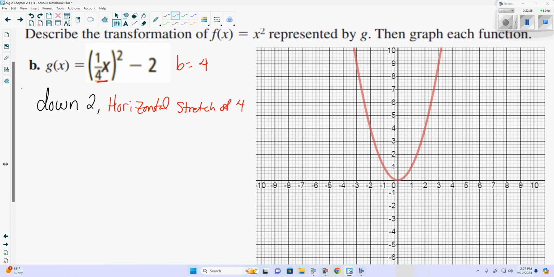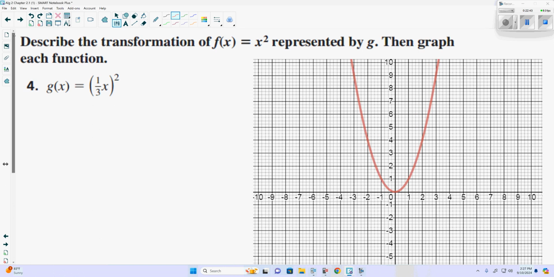Because when we stretch it horizontally, we're saying that it's for every 4, it's a factor of 4. So the bigger that number is, the wider it's going to stretch out. Let's look at the next one.